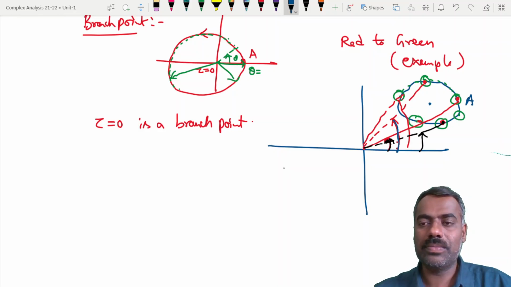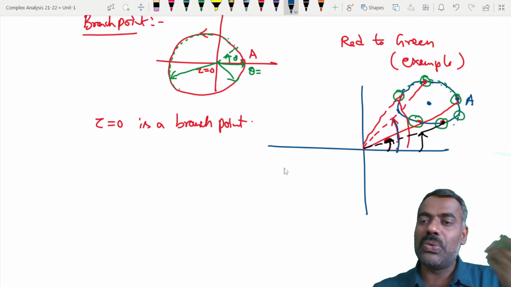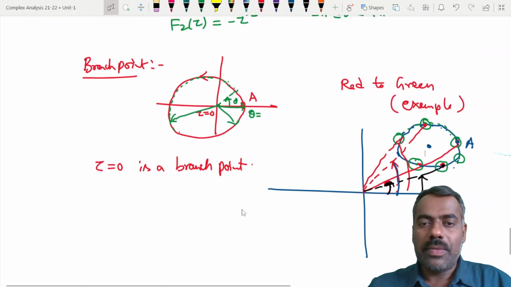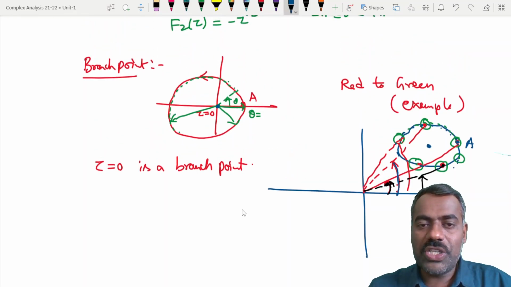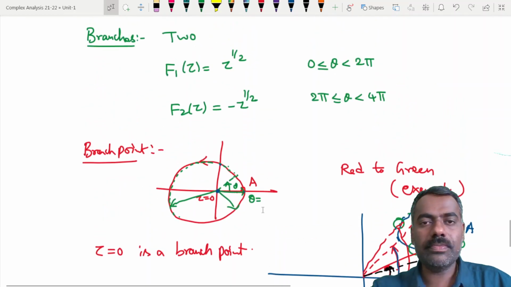So the moment you go like this and come back to that point A around this point, this value is not changing. But the moment it is z is equal to 0, it crosses. From here it reaches 90 degrees, it reaches 180 degrees, and you will get up to 360 degrees. Is that clear? Yes or no?